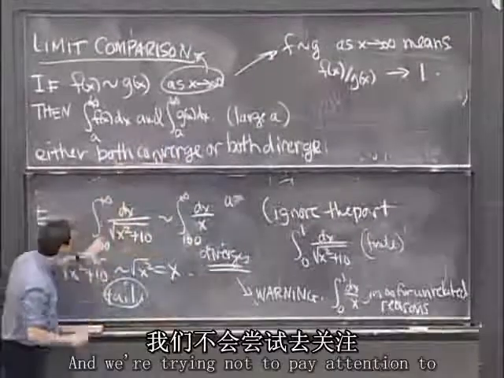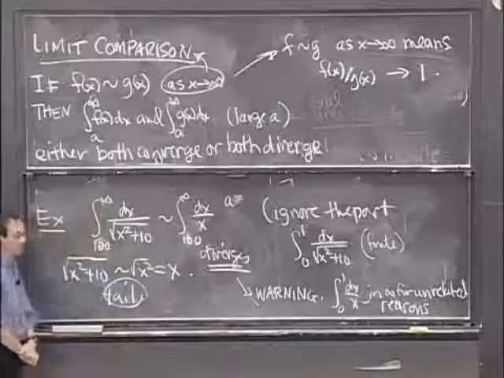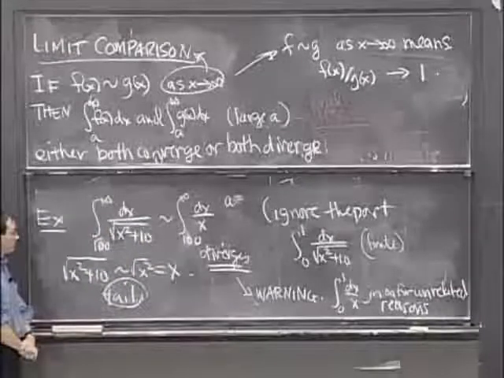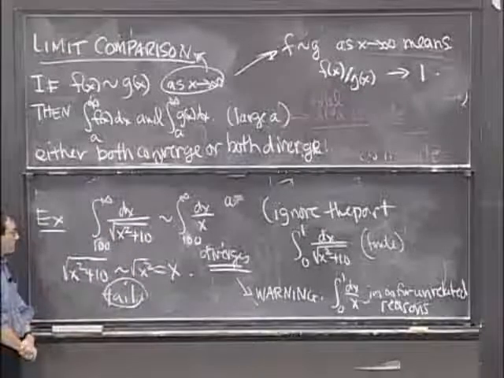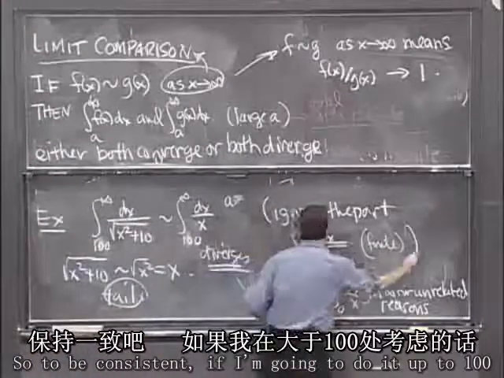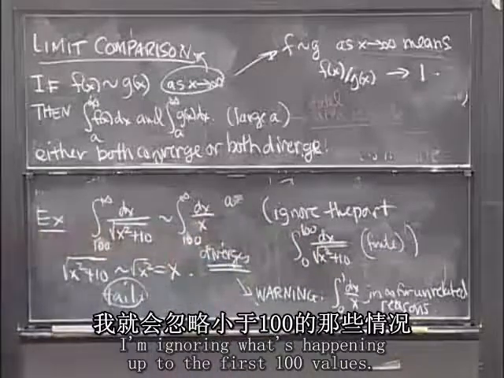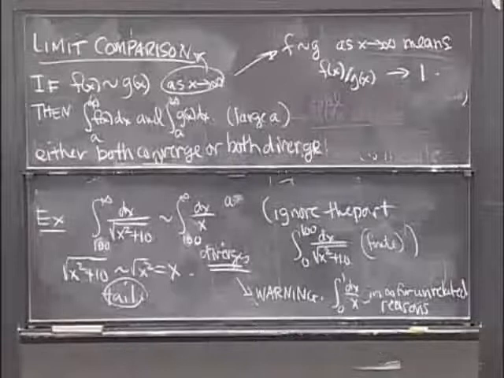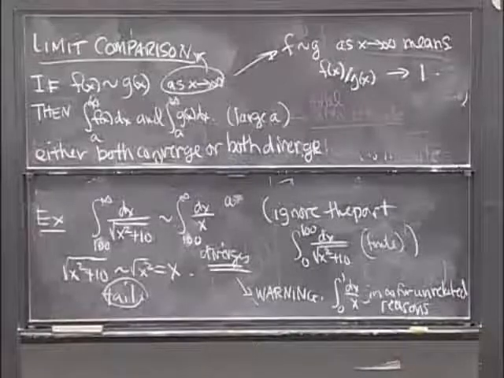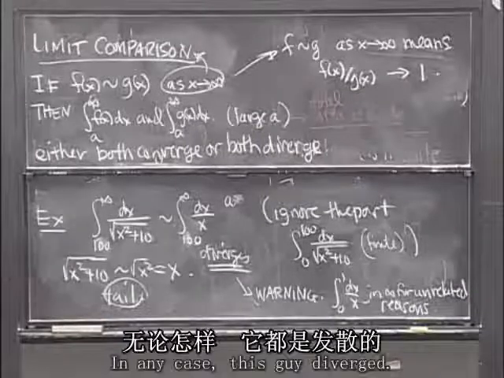And we try not to pay attention to what's happening for small values of x. So to be consistent, if I'm going to do it up to 100, I'm ignoring what's happening up to the first 100 values. In any case, this guy diverged.